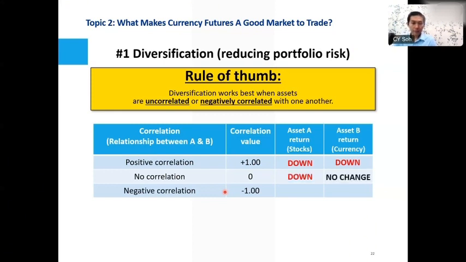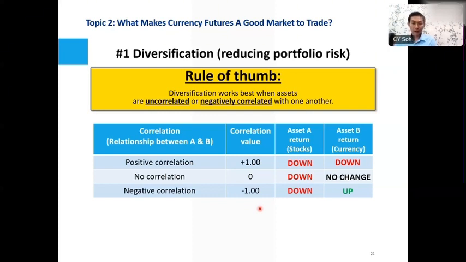If you have an uncorrelated asset in your portfolio, and the stock market goes down by 10%, your asset B, which has no correlation with your stocks at all, is not affected. In the last scenario, when stocks come down by 10%, if you add an asset with a negative correlation, your other asset actually goes up.